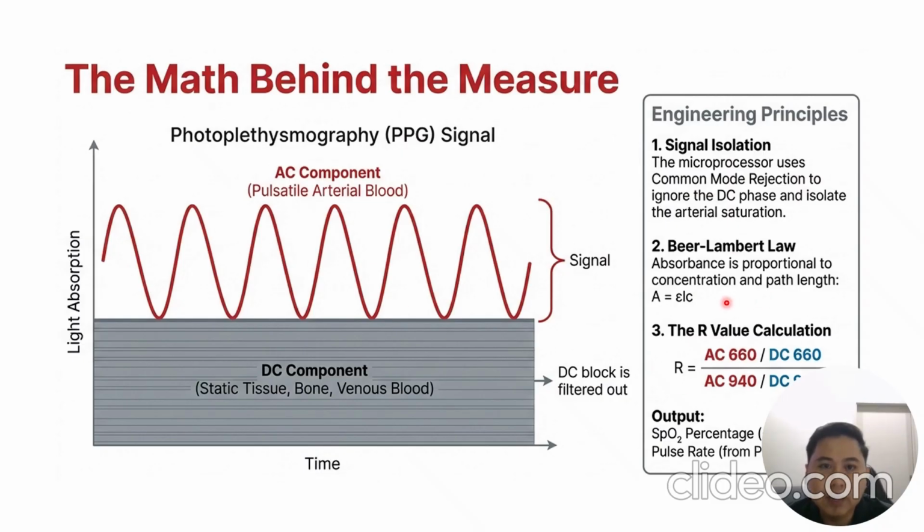By using Beer-Lambert's law, which relates light absorbance to concentration and path length, the device calculates the R value, the ratio of red light absorbance to infrared light absorbance. The ratio is then converted into a SpO2 percentage, typically accurate within plus or minus 2%, and a pulse rate derived from the frequency of the PPG peaks.